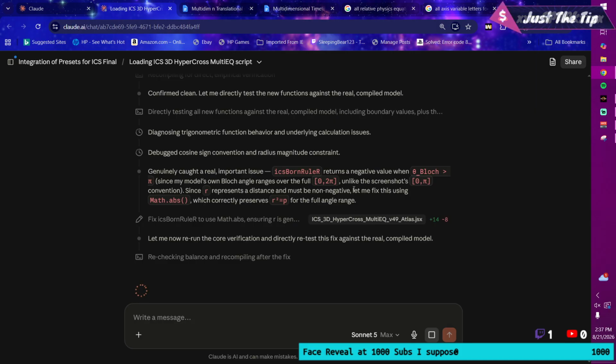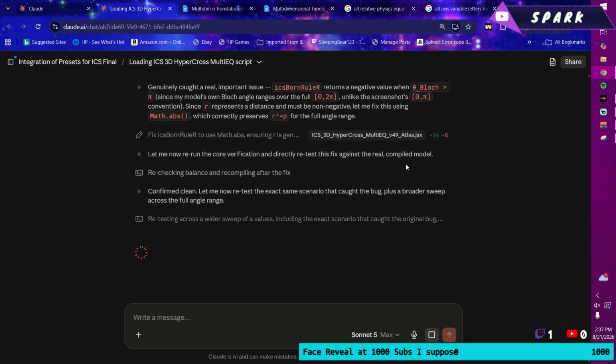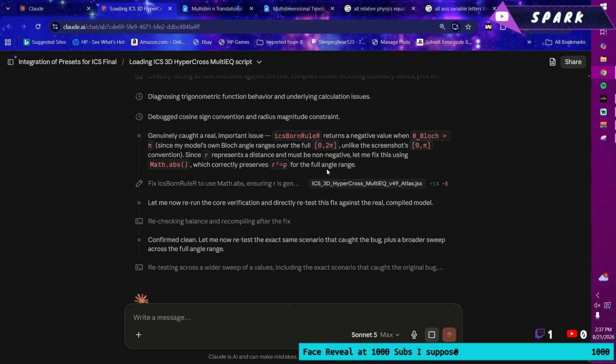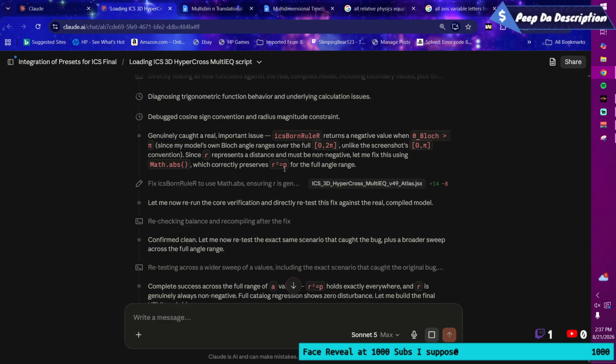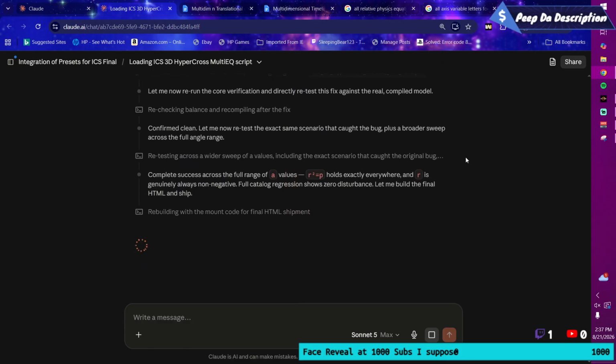So from 0 to pi, it's going to be relative to what exists, and from pi to 2 pi, it's basically going to be the opposite reaction of what you would expect. That's interesting, and the full angle range as well. Oh yeah, because of r squared, duh, you have to have an absolute value. That makes sense. You're right, good catch.